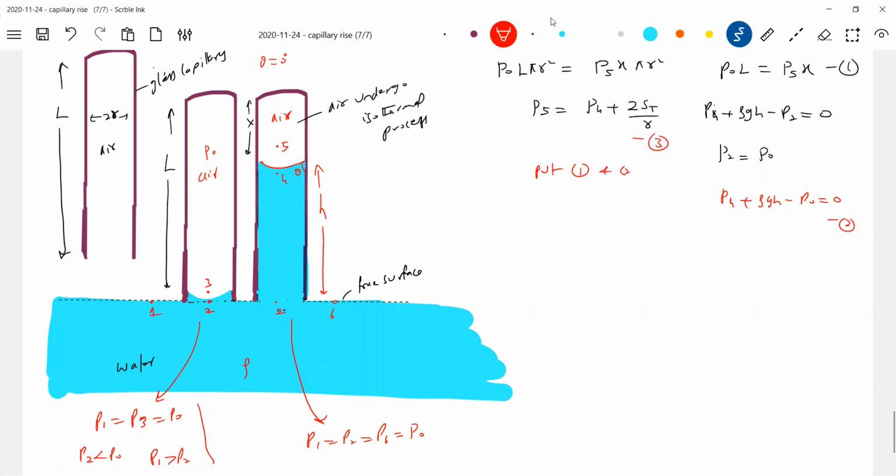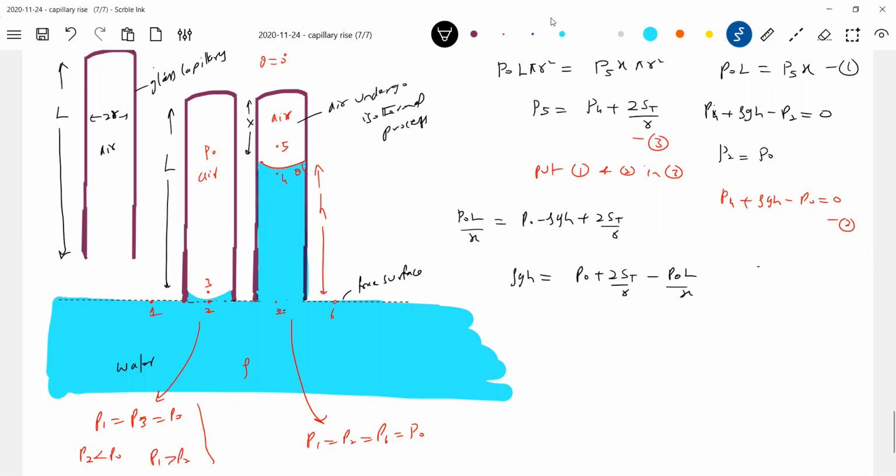Put 2 in 3. Let's write P5 is equal to P naught L by X, equal to P4, which is P naught minus rho GH plus 2ST by R. It is asking for an expression for H, no? So rho GH should be equal to P naught plus 2ST by R. Now what is X?